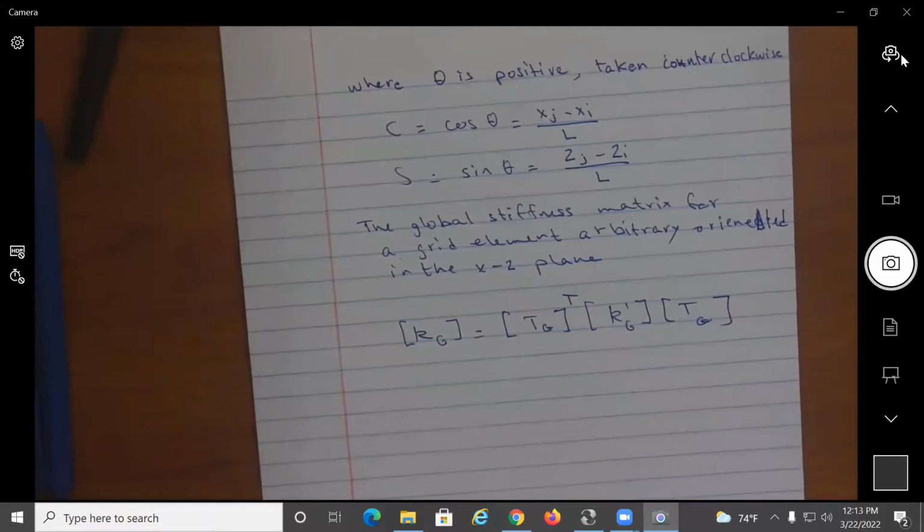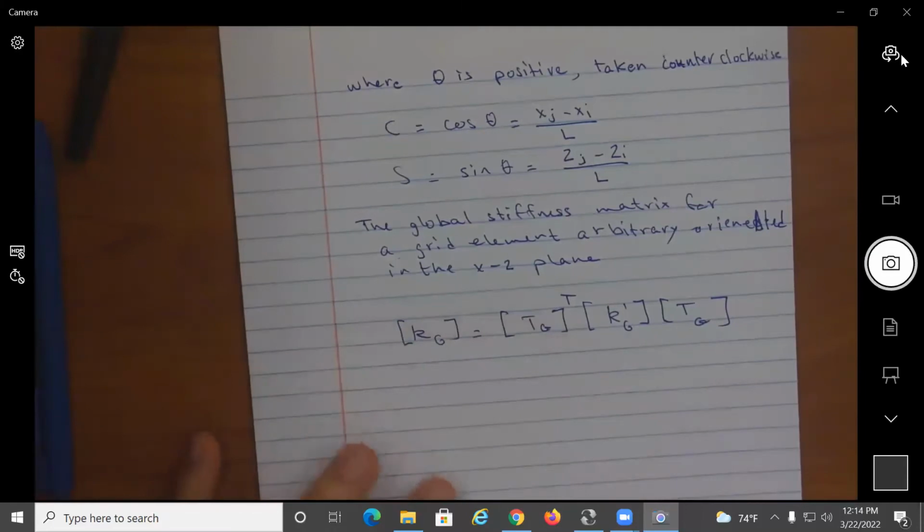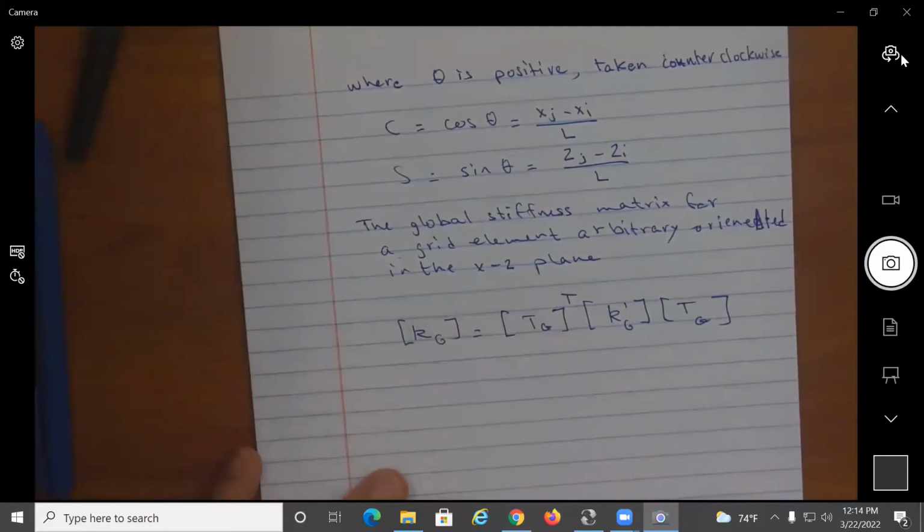And this can get interesting, but I would just do it numerically for each element as we go.